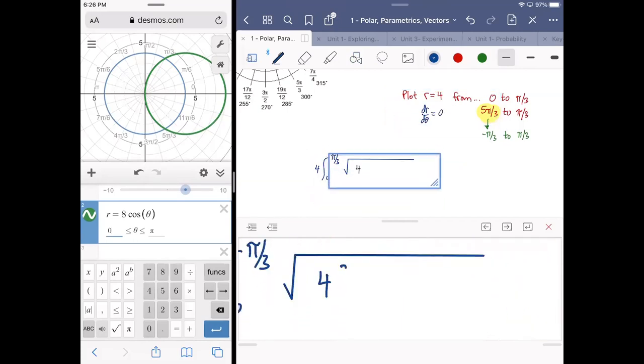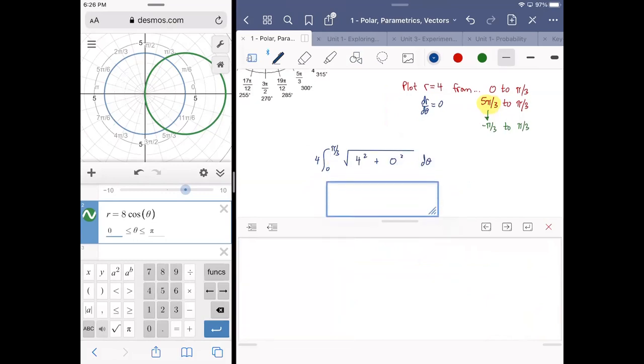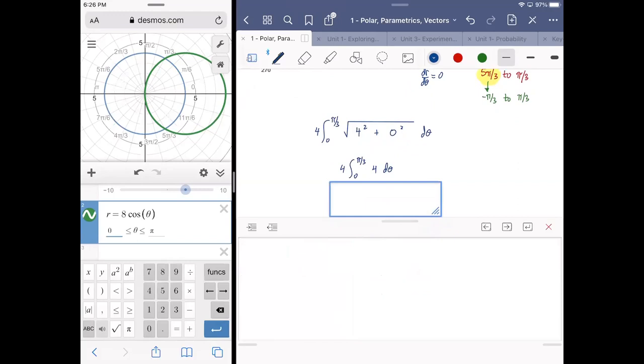So 4 squared plus 0 squared, much easier on the integration front also. So we're looking at just a clean 4 inside. So 4 on the interval of 0 to pi over 3, 4 d theta.